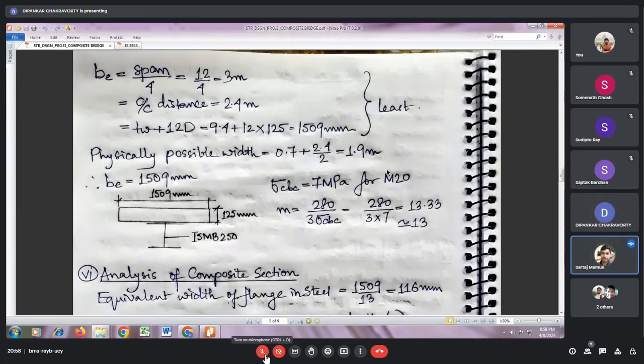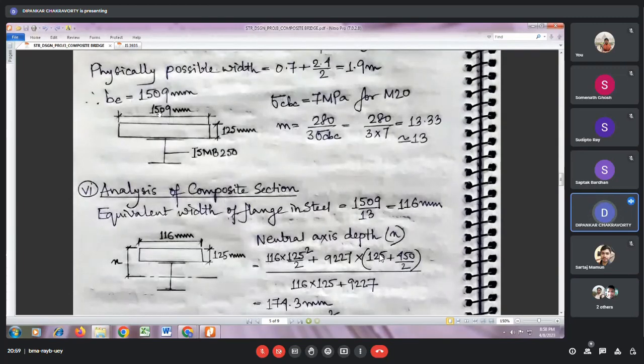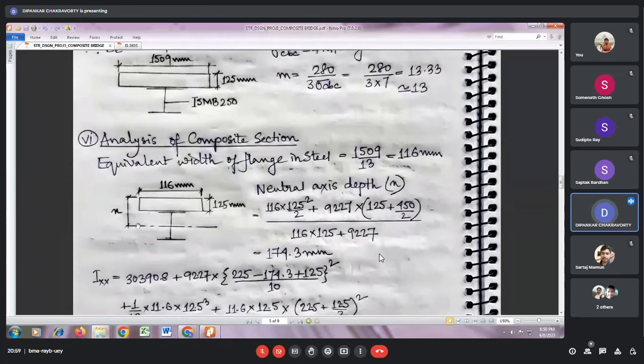Okay. So if you know sigma CBC, you know modular ratio 280 by sigma CBC, and you can divide. Now we have this composite section. You have to transform the section into equivalent steel section, and therefore you have to divide the width by the modular ratio. That has been done here. So 1509 by that modular ratio 13 will give 116, and you have the transformed section in steel.